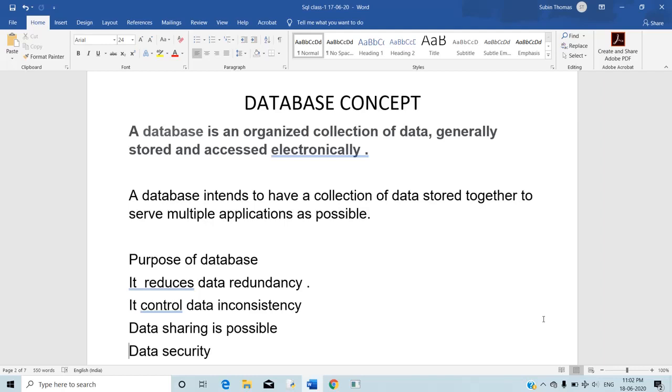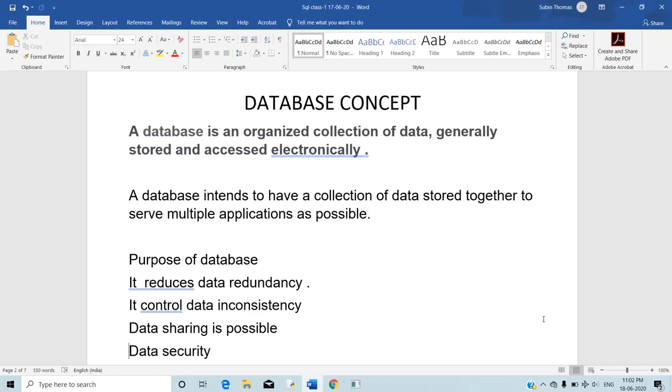That means data is stored in a single location. If the same data is stored in two different locations, and a change is made in only one place, then the old data will remain in the other place. So inconsistent data occurs there.